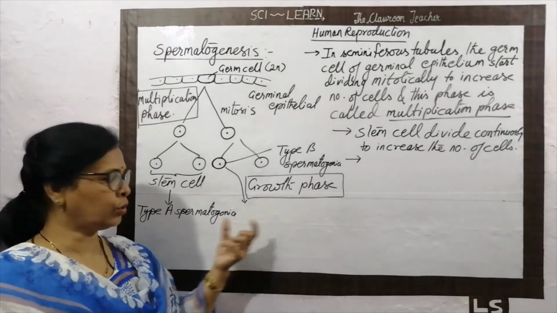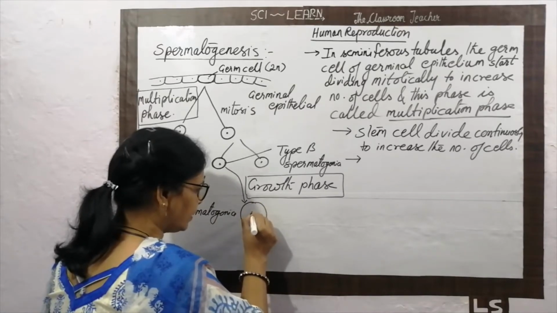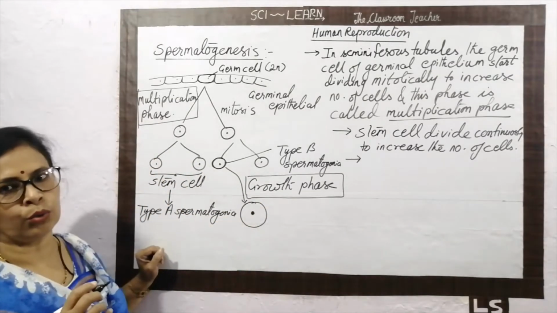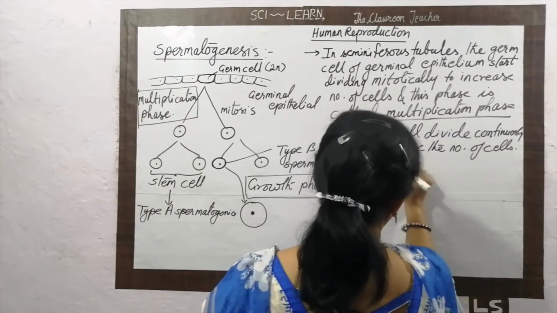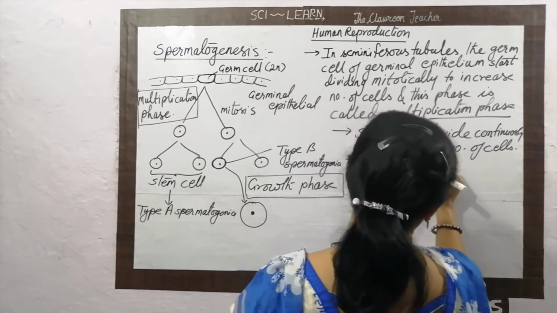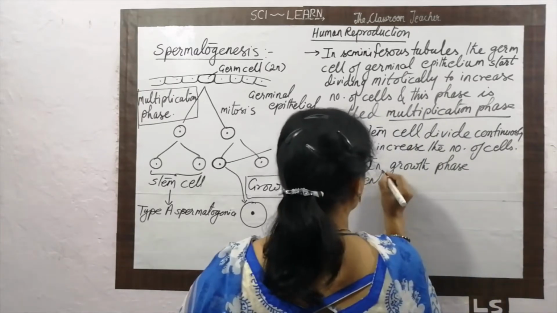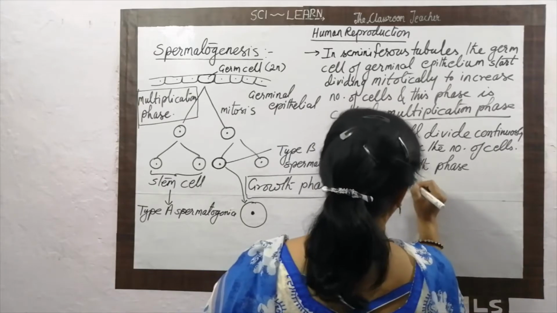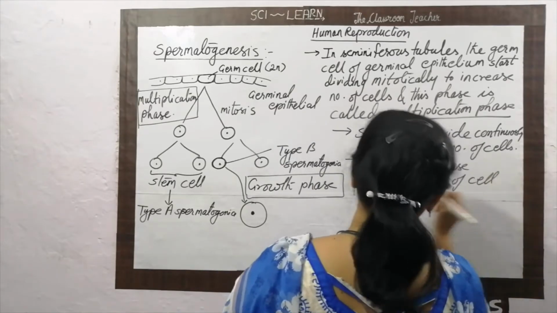So this is the growth phase. What happens in the growth phase? The size of the cell increases. In the growth phase, enlargement of the cell occurs.